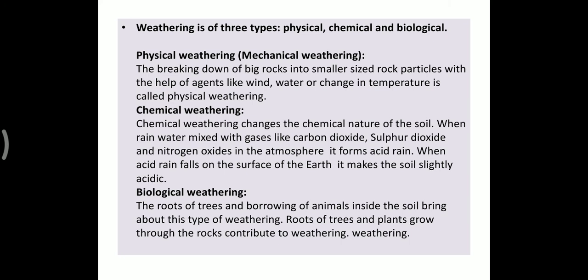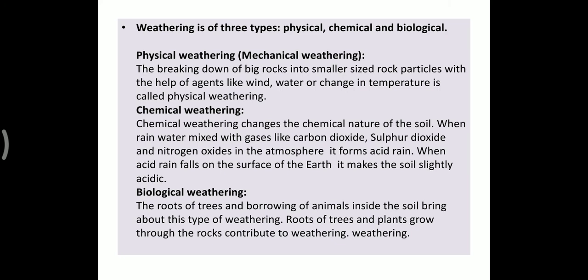Sulfur dioxide reacts with water and forms sulfuric acid. Similarly, other oxides are also reacting with water and forming acids. So these acids drop down to the surface in the form of acid rain. And this acid rain, when it falls on the surface of earth, makes the soil slightly acidic.